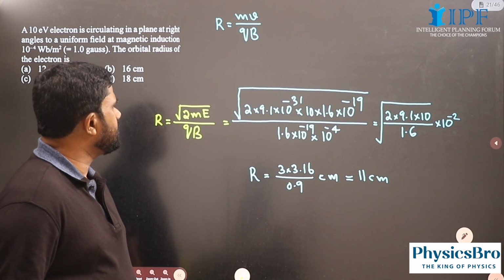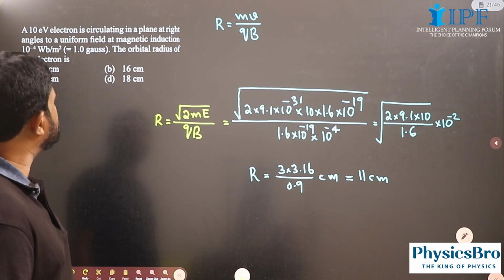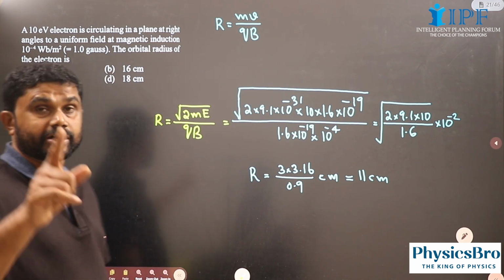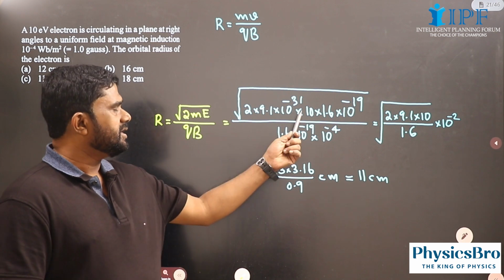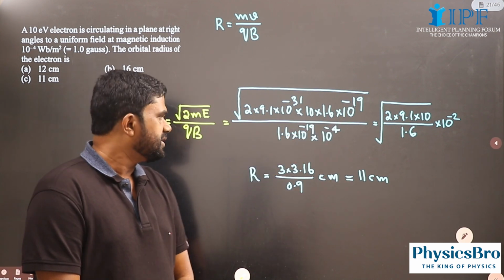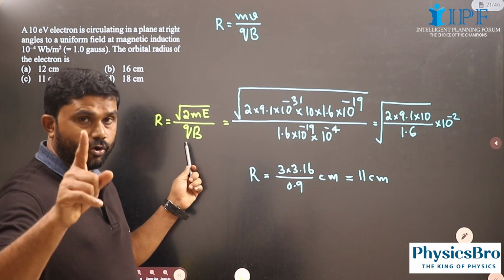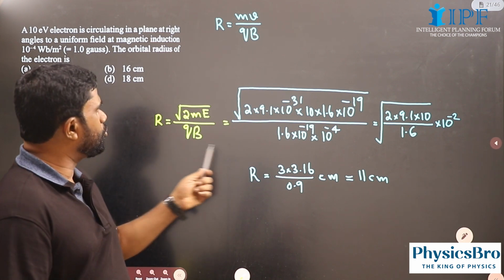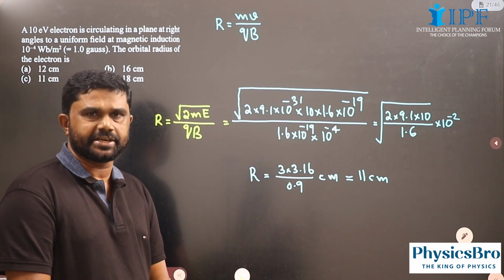Kinetic energy is 10 electron volt, which is 10 into 1.6 into 10 raised to minus 19 joule, divided by q, the charge on the electron, 1.6 into 10 raised to minus 19.